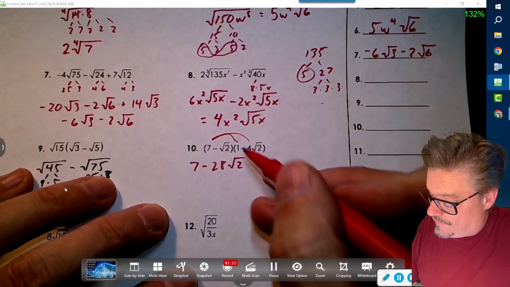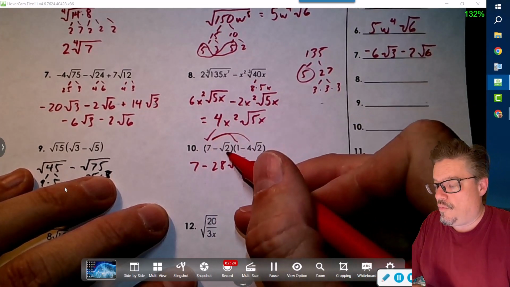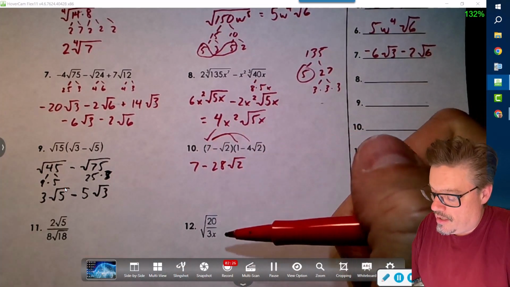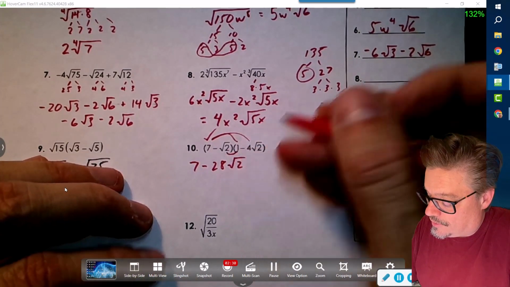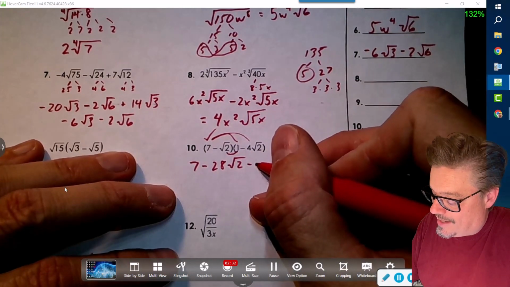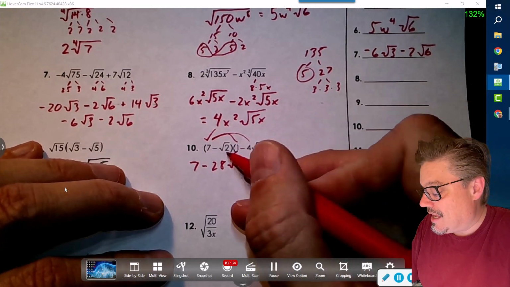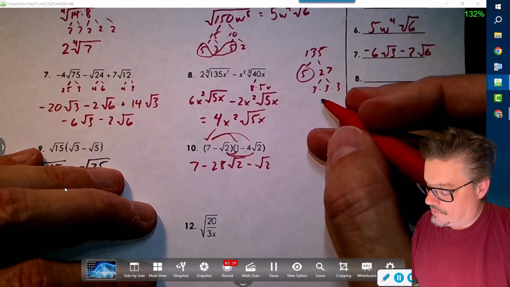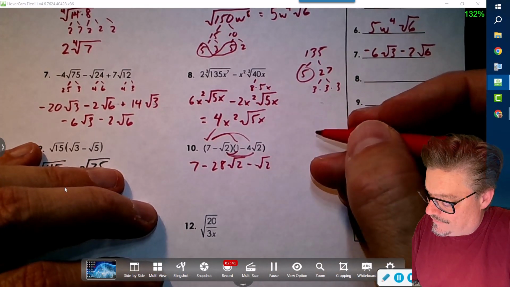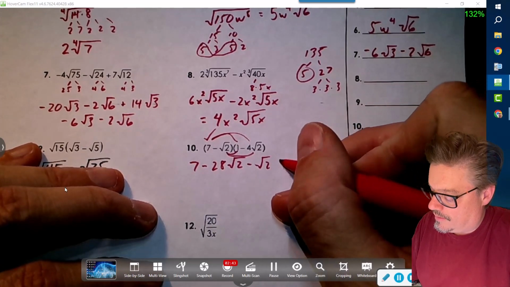So now we have the F and the O part. Now we're going to do the inner, the I in foil. So radical 2 times 1 is just radical 2. And then we've got a negative radical 2 times a negative 4 radical 2, that's going to be positive 4 square root of 4, okay?